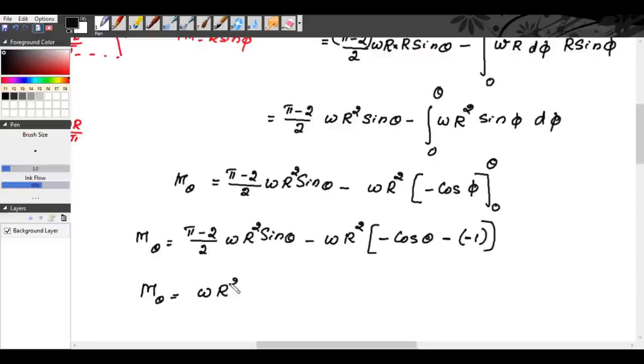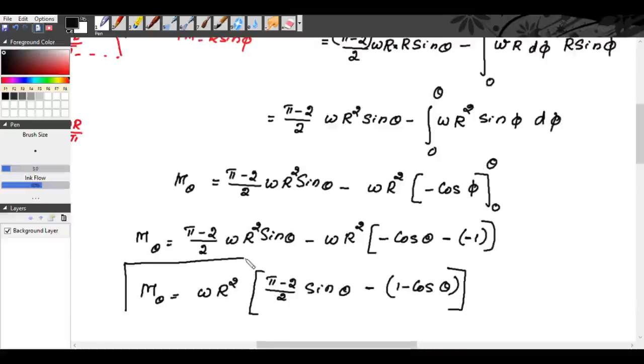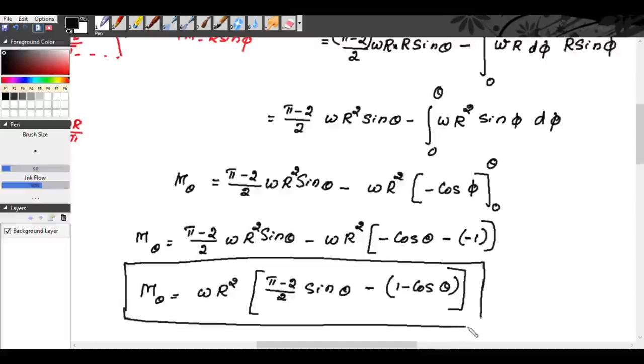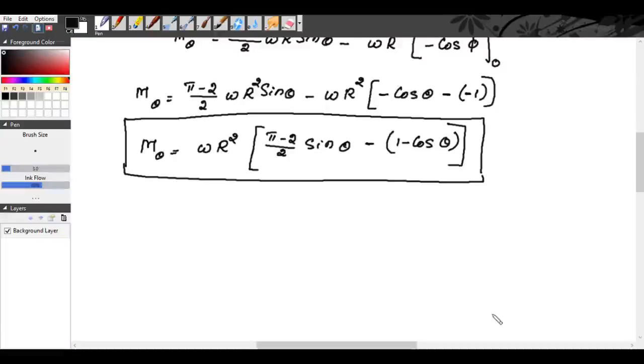So WR² into [(π−2)/2 sin θ minus (1 minus cos θ)]. So this is your expression for the bending moment at x for a semicircular curved beam. Remember this. So you should get this expression for the bending moment at a section x.